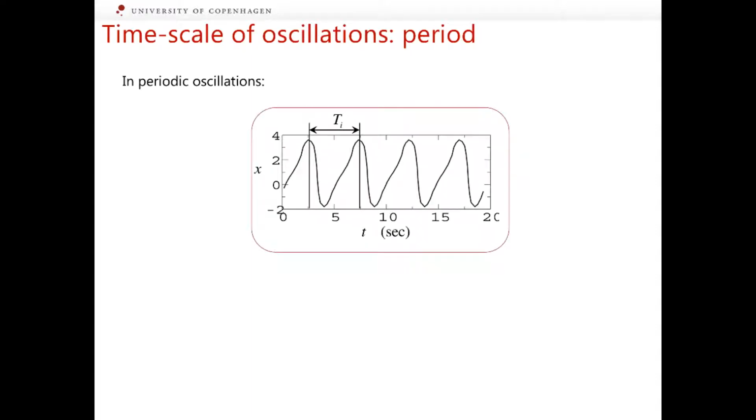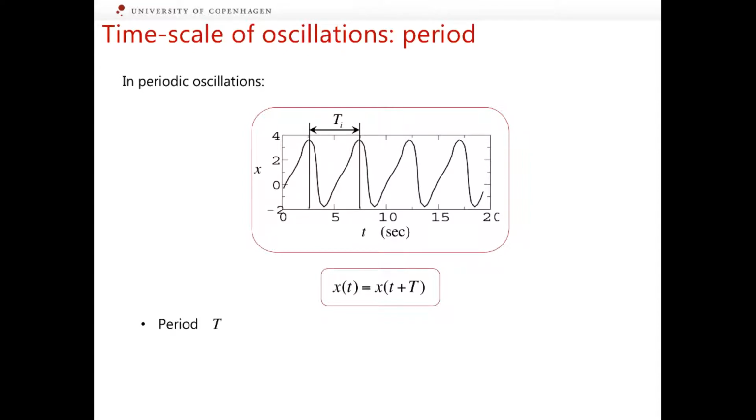The figure shows a recording of some quantity measured in an experiment as a function of time. A periodic function of time is defined by the equation in the box, which says that for any value of time t, the value of the function is equal to its value separated by time interval T. I emphasize that this condition must be satisfied not at some selected times, but for any time t.